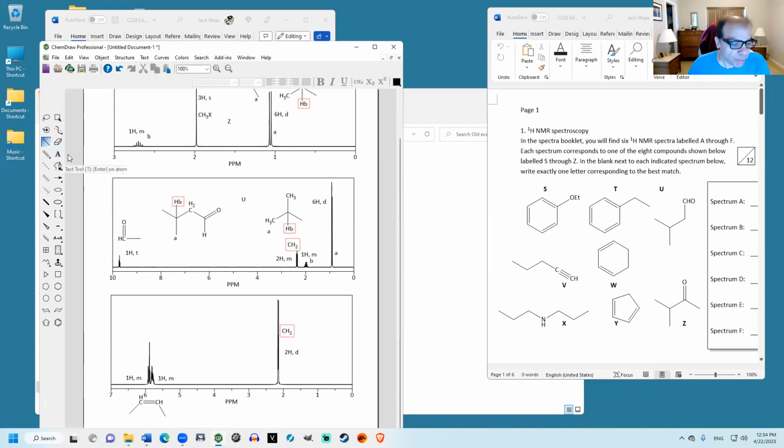That looks to me like we have a situation like this, in which the two vinylic hydrogens are on adjacent vinylic carbons. There have to be two carbons involved in the vinylic group, because in order to have a C double bond C, you need two carbons. So something like that looks to be the case.